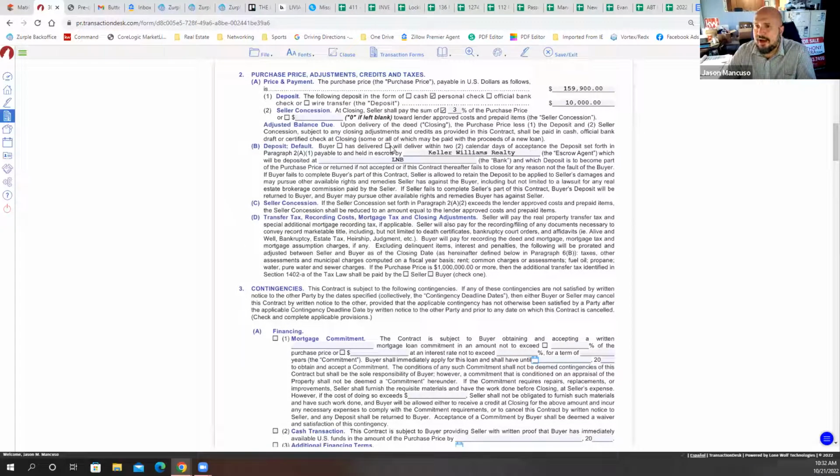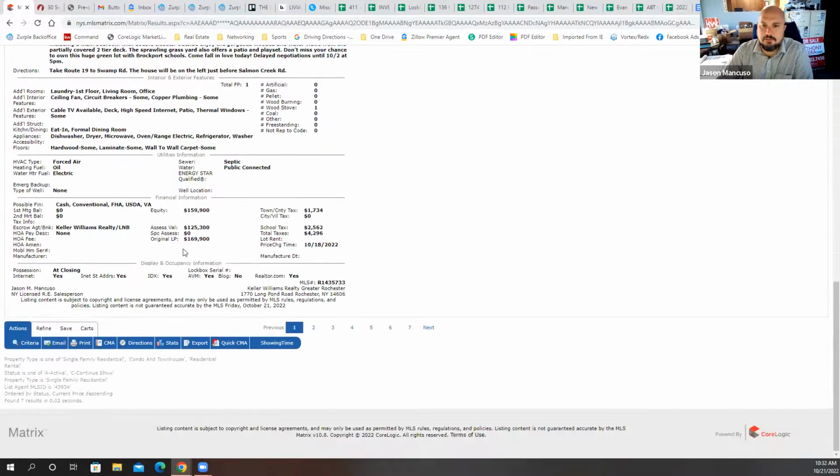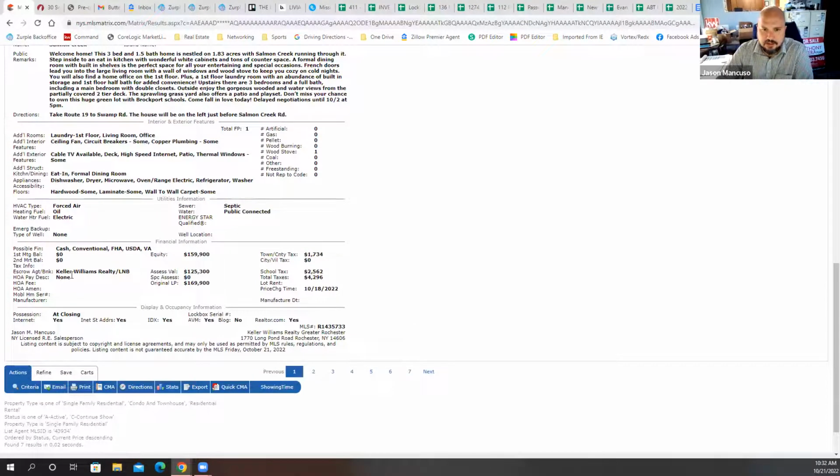Next part, deposit. Again, read everything, but it explains here that proceeds are delivered at closing to the seller. The deposit is going to be held as whatever is filled in. Most times deposits are held by the listing brokerage, and that's filled in by the listing agent, generally speaking, in this section here.